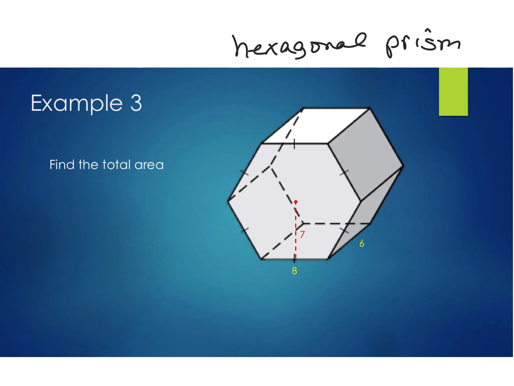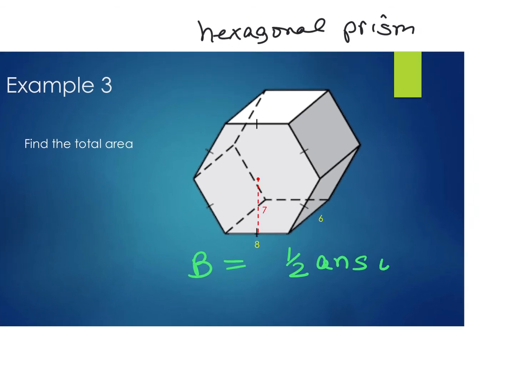And to find the area of the base, I need to do the 1/2 ans, or remember you could also do 1/2 apothem times perimeter. Either way, in my figure here, the 6 is the height of the prism.